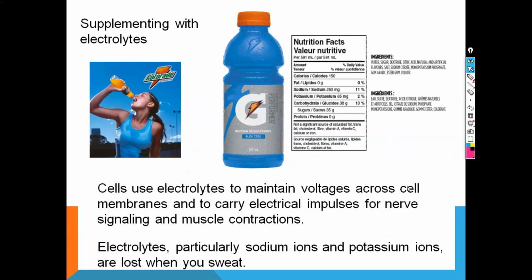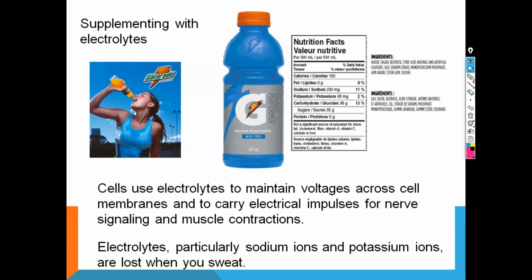So when you are sweating and working out and trying to be healthy, your body uses electrolytes. Electrolytes go into your cells and help you stay healthy by helping you carry electrical impulses for your nerves and muscles.